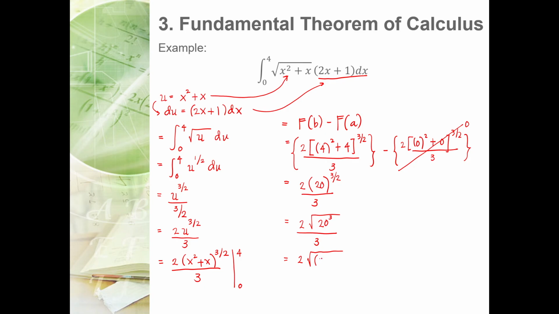The factors of 20 are 4 and 5. I chose 4 and 5 because 4 is a perfect square, instead of 2 times 10, di ba? 2 is not a perfect square, 10 is not a perfect square, so I cannot eliminate something inside the radical expression. So I chose 4 times 5 and then cube, di ba? So I think it's the same thing.